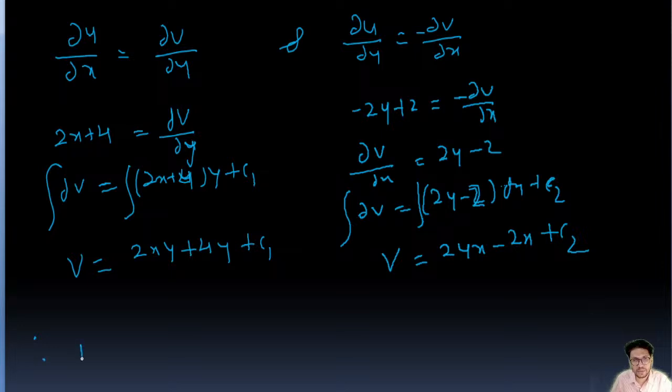So the value of v, that is psi(x,y), is going to be 2xy plus 4y minus 2x plus c.